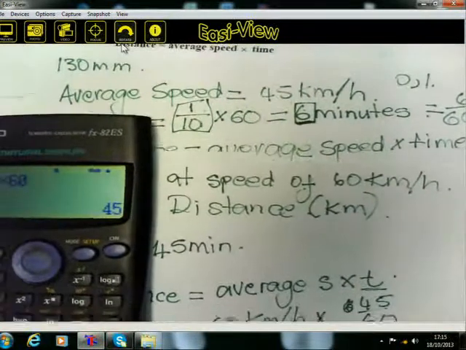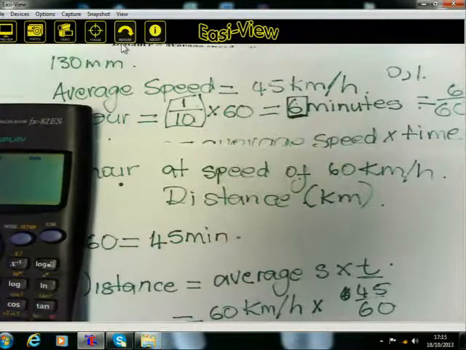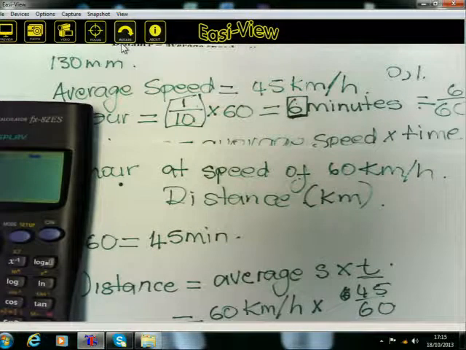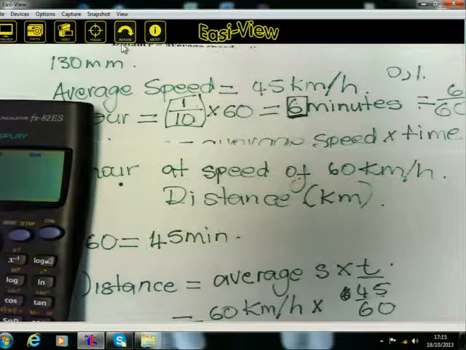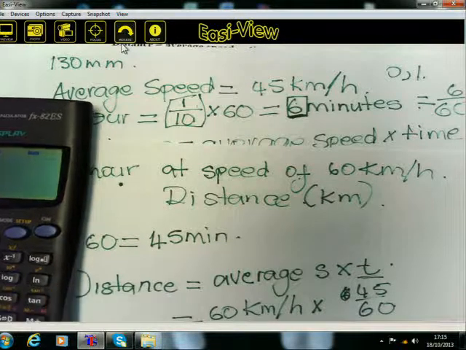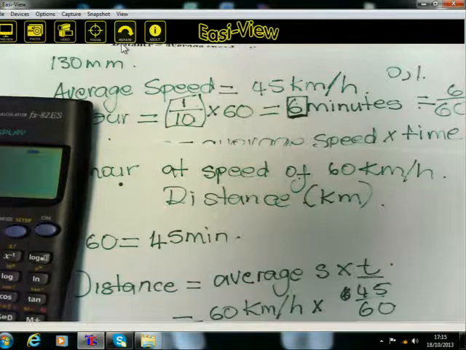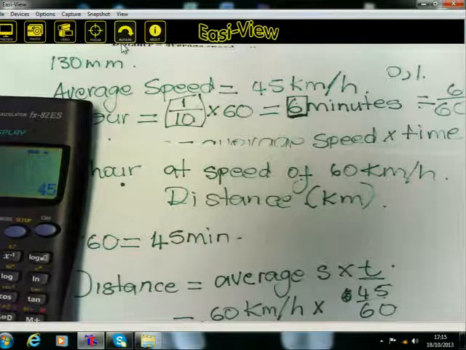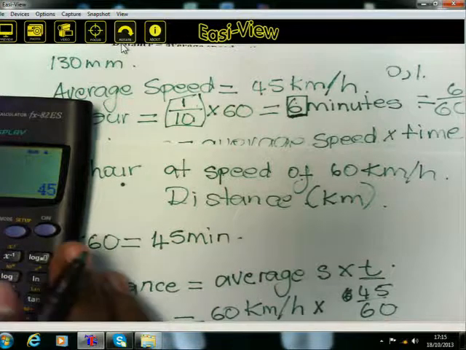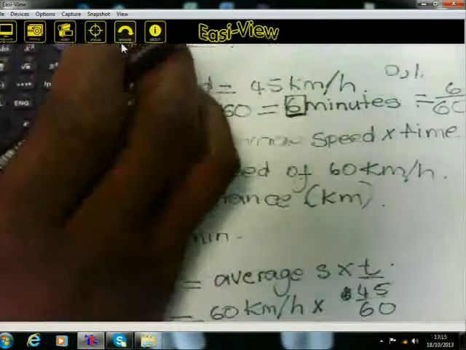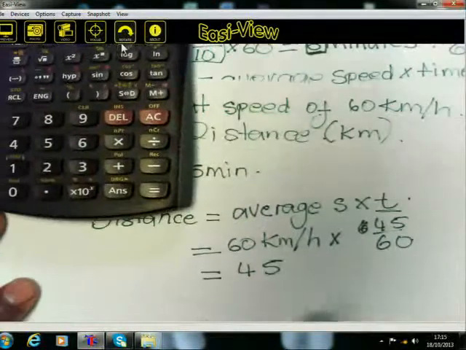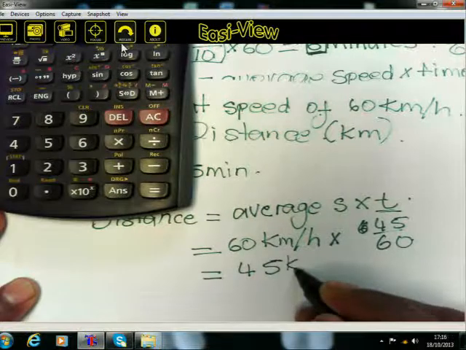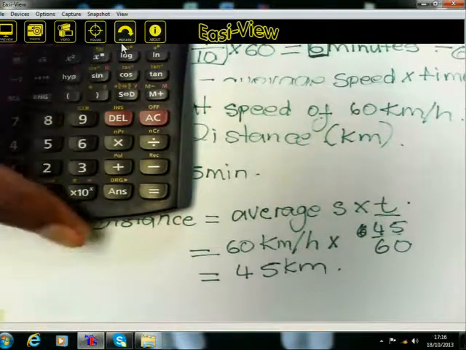So 60 multiplied by 45 divided by 60 equals 45 kilometers.